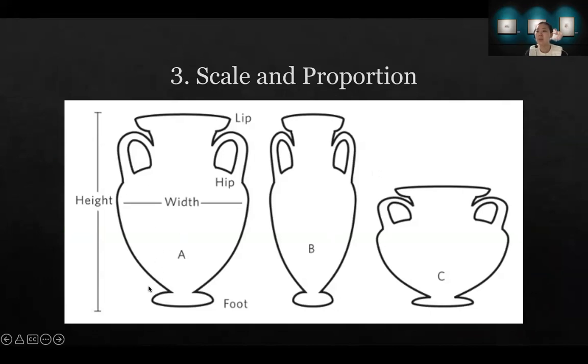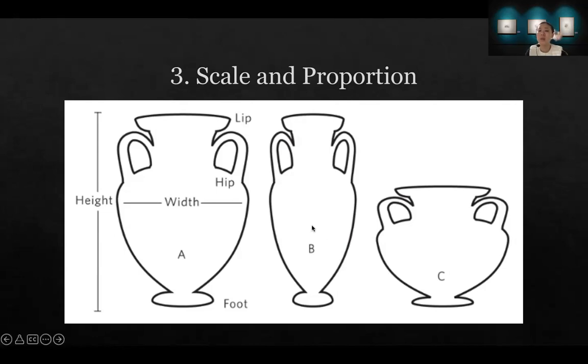So A shows the profile of a Greek vase. And if we change the width, like B, or if we change the height, like C, the overall proportions change. So each of these vase profiles communicates a different feeling simply because the ratio of height to width is different.